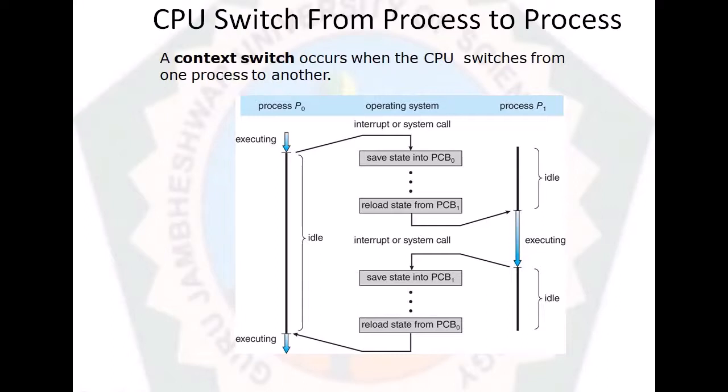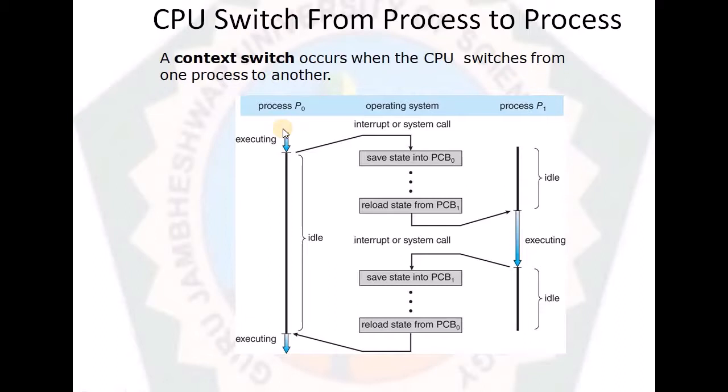This is how an operating system uses the PCB of a particular process for context switch. In this example, suppose we have two processes in the ready queue, ready to be executed, and mind it, I have already told you that we are using a single processor or a single CPU for execution of any number of processes.